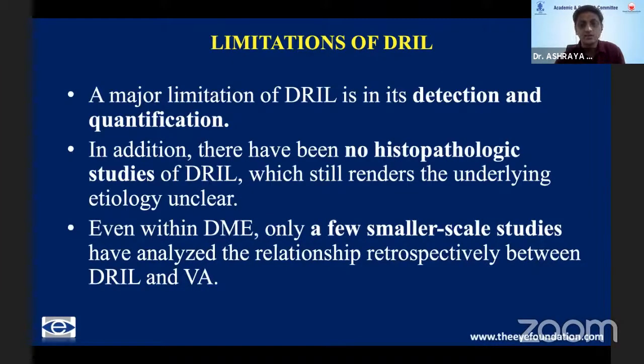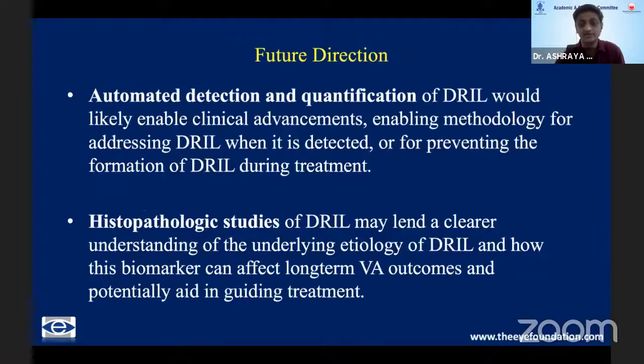Since there is no histopathological correlation, we don't know the underlying pathogenesis, and very few small-scale studies have shown the relationship between DRIL and visual acuity. With newer OCT platforms, the quantification of DRIL can be automated, and it can be a useful tool. Any upcoming histopathological studies can throw insights on the pathogenesis of DRIL.